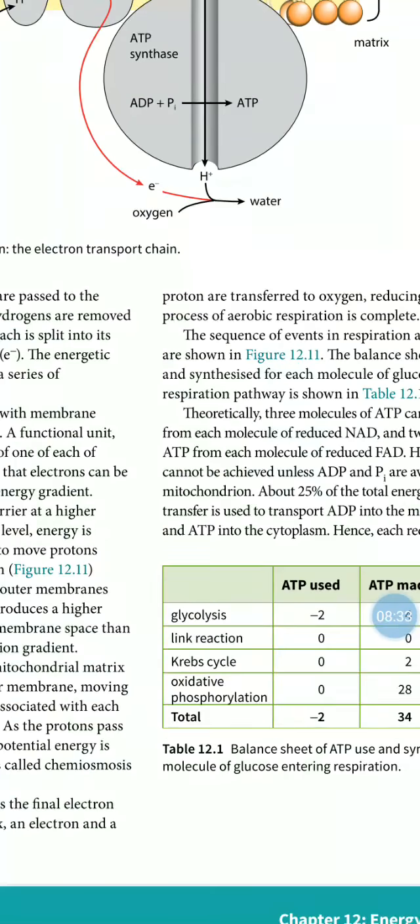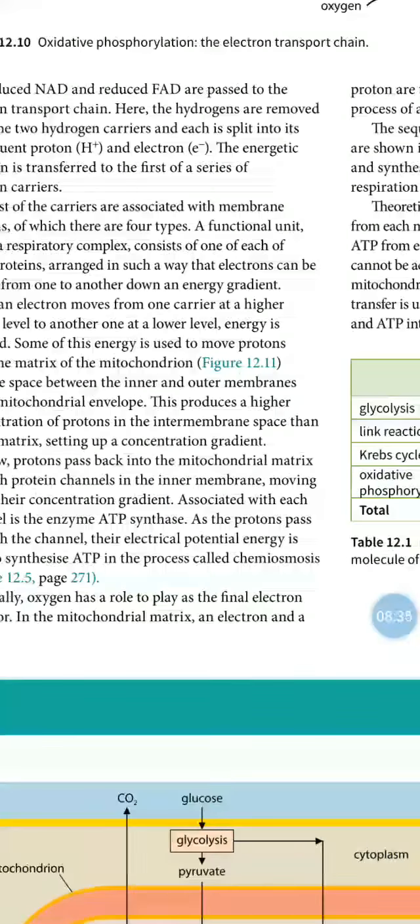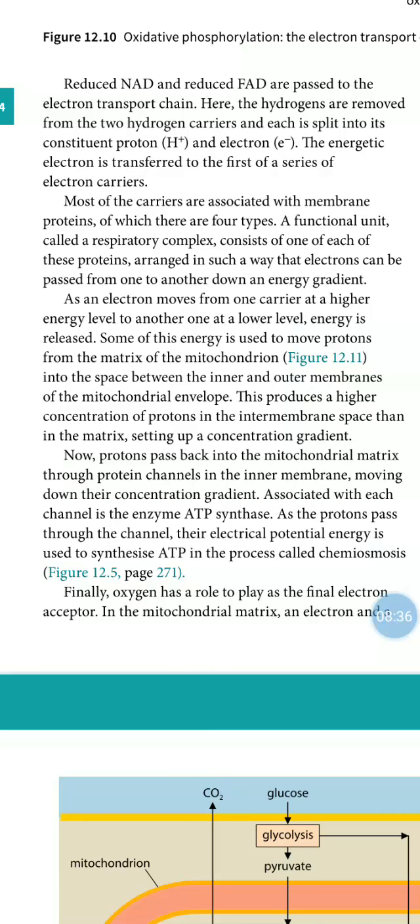That is the enzyme responsible for the synthesis of ATP. As the proton passes through the channel, the electrical potential energy is used to synthesize ATP in the process called chemiosmosis. Right? We discussed what chemiosmosis is.